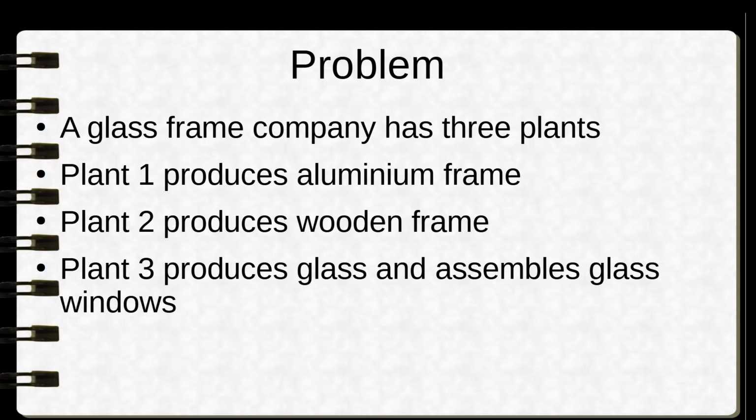It can assemble glass windows, but it is not doing so. So what the management has found is that if it uses the resources of plant number 3 and assembles glass windows by taking aluminum frames and wooden frames from plant number 1 and 2, it can make a profit.